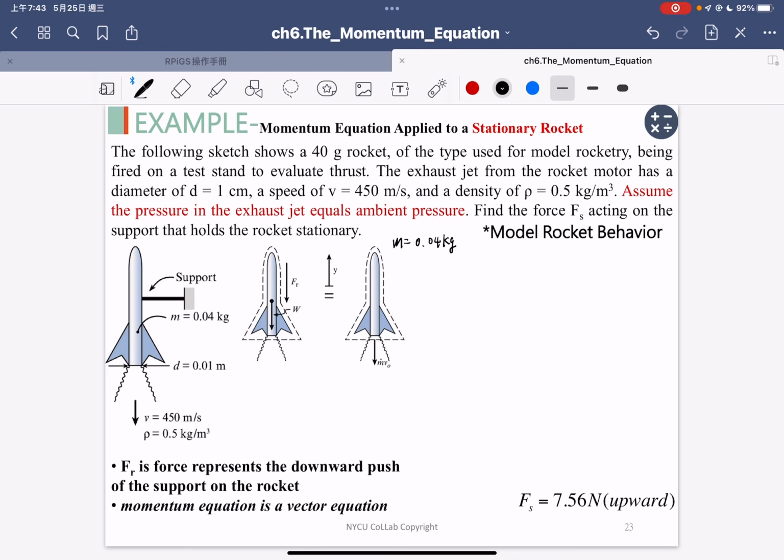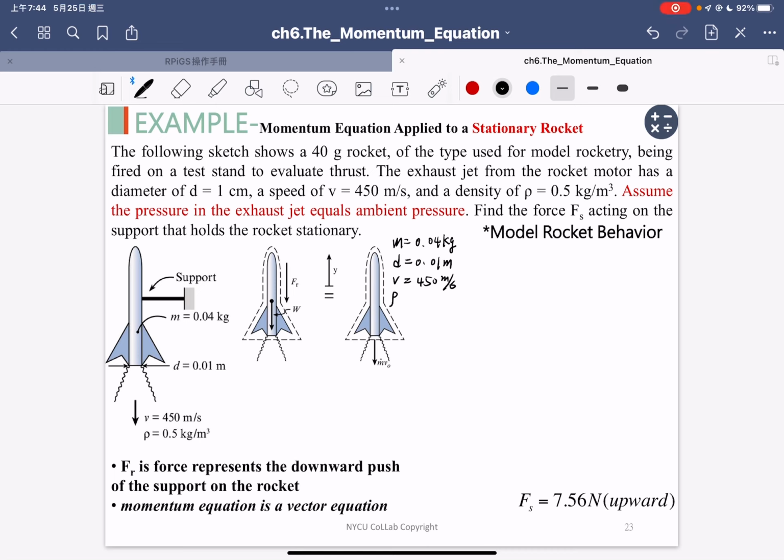The exhaust jet from the rocket motor has a diameter d equal to 1 centimeter, so the diameter is 0.01 meter, with an exhaust speed of 450 meters per second.